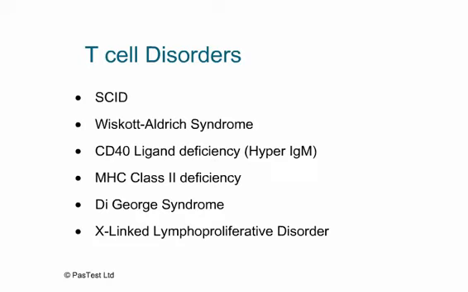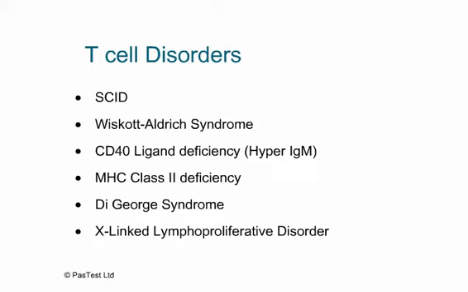And without functional T cells, the whole of their adaptive immunity falls apart. They're unable to generate reasonable antibody responses. B cells are not able to mature and proliferate in response to antigen, and T cells are completely useless. So these children are really profoundly immunodeficient.